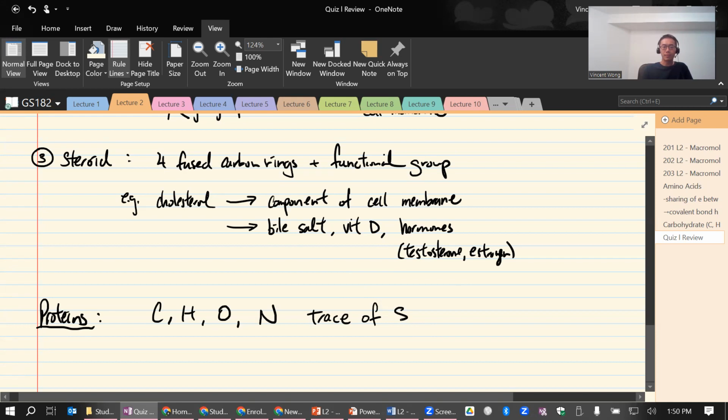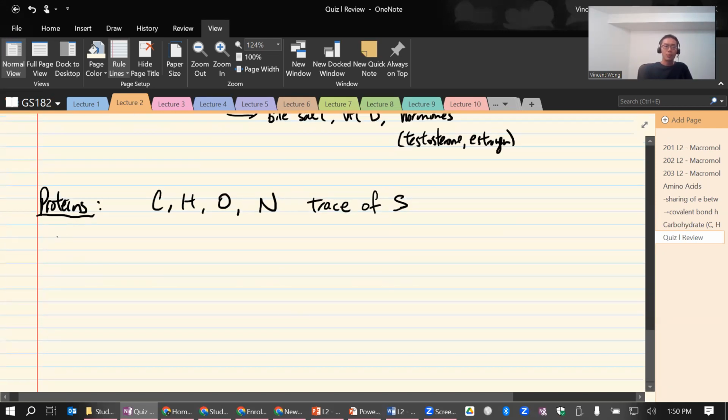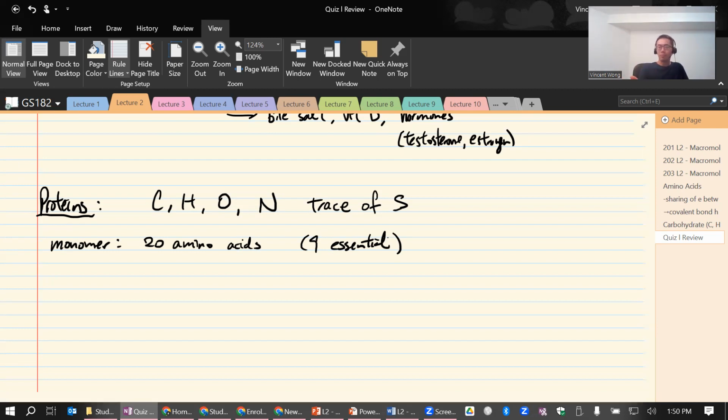Trace of S. So we know the monomer is 20 different amino acids. 9 are essential, right? That means you cannot make them. You have to eat them.